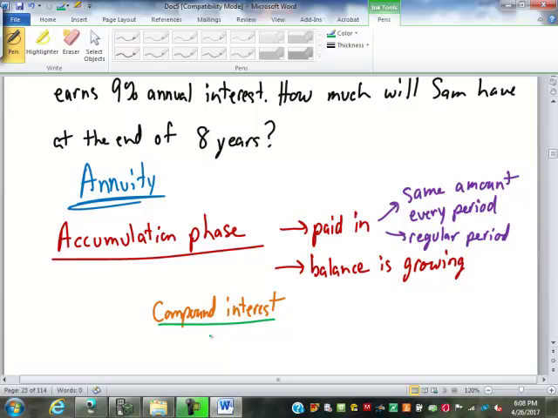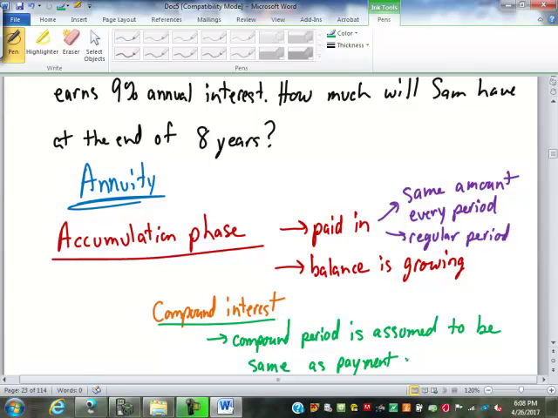The compound period is assumed to be the same as the payment period.